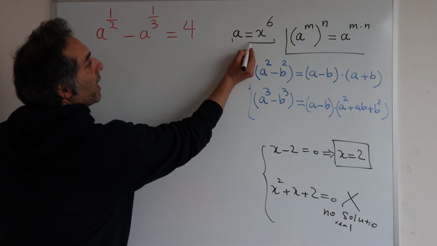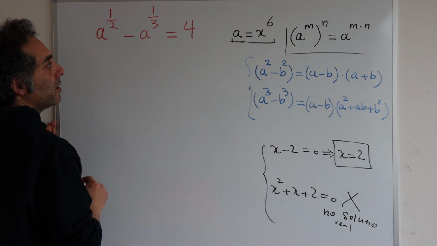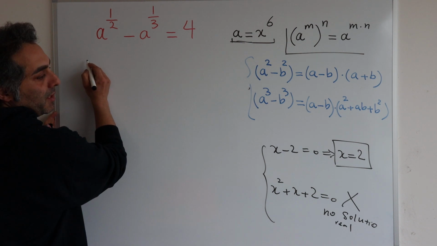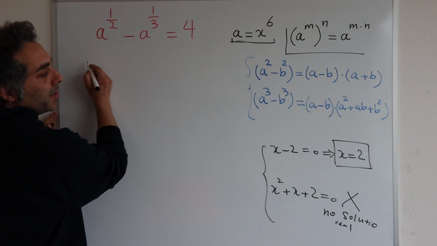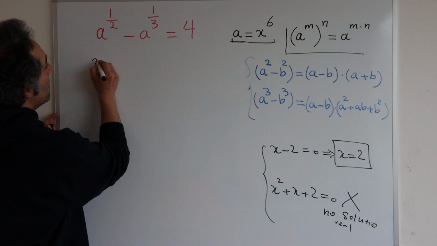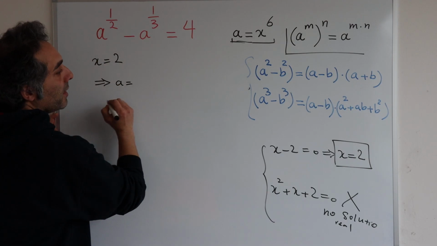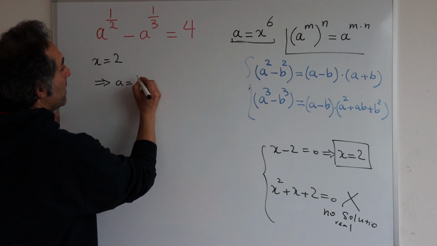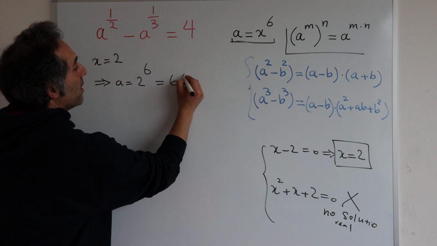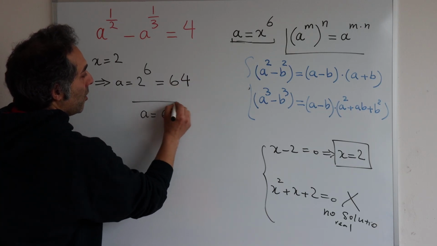We just changed our parameter to x to find a simpler form of this equation. a is x to the power of 6, but x is 2 and a is x to the power of 6. 2 to the power of 6 is 64. So a is 64, our solution.